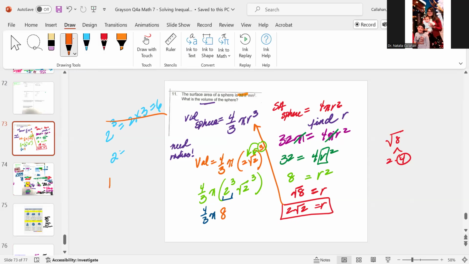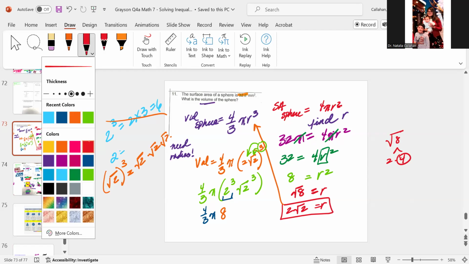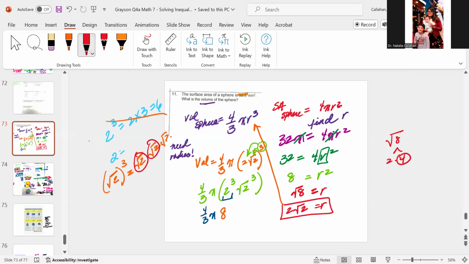Square root of 2, third power. Do you see that? How many square root of 2s do I have? Really? Because there's a 3 right there. How do you get 2? There's a 3 right there, so how many square root of 2s do I have? What's 2 times 2 times 2? You see how these two right here just make a 2?